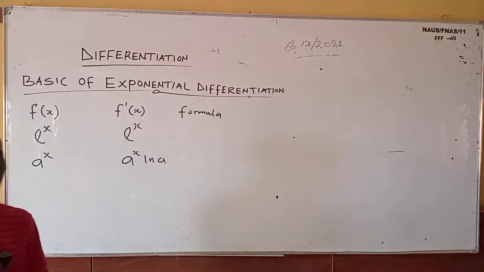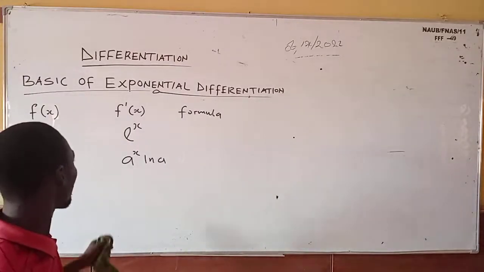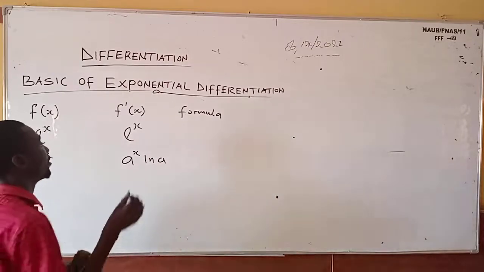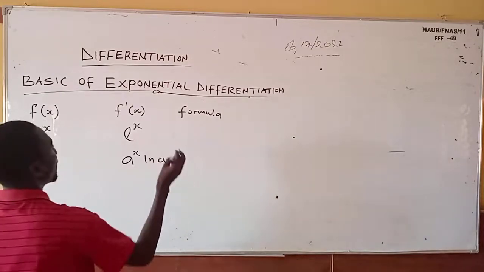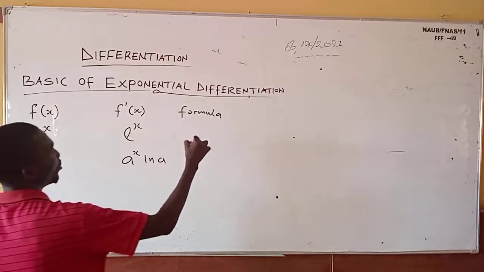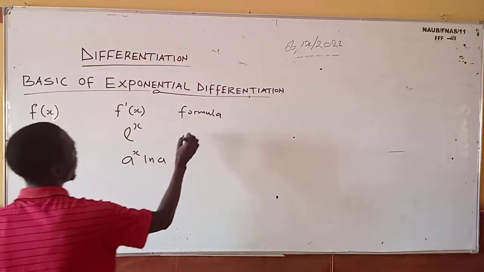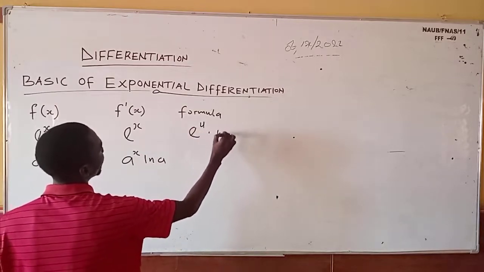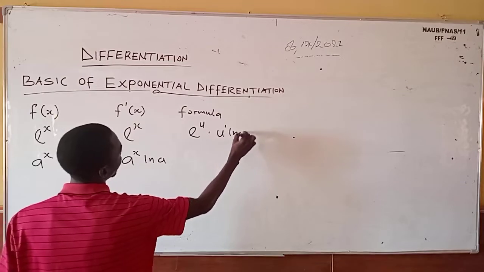So how can we get the formula for this? I'm writing the formula in terms of u, where u is a function of s. It's going to be exponential u multiplied by u prime in e.